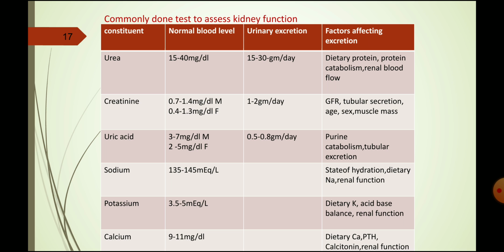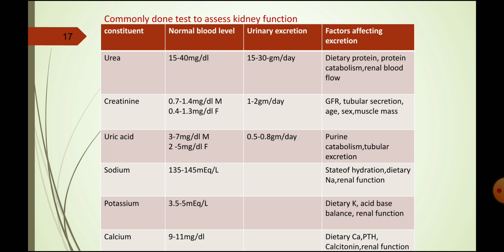Creatinine 0.7 to 1.4 milligram per deciliter in male, 0.4 to 1.3 in female, excretion 1 to 2 grams per day; factors are glomerular filtration rate, tubular secretion, age, sex, and muscle mass. Uric acid 3 to 7 milligram per deciliter in male, 2 to 5 in female, 0.5 to 0.8 grams per day in urine; factors are purine catabolism and tubular excretion.